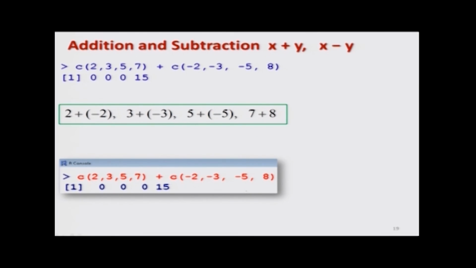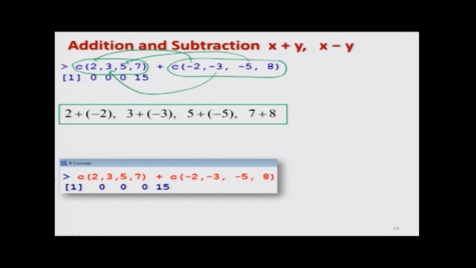Similarly, when I am trying to add 2 vectors, I take a vector of 4 elements and another vector of 4 elements, and when I add them, this is being added to this, this is being added to this, third place is being added to the third place, and so on.